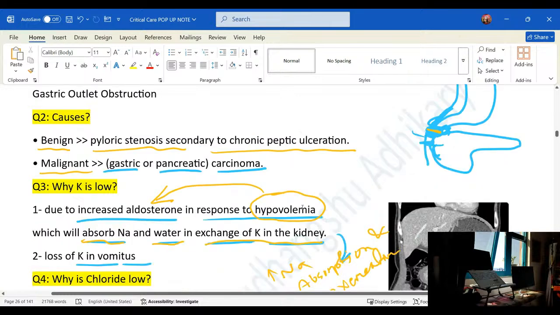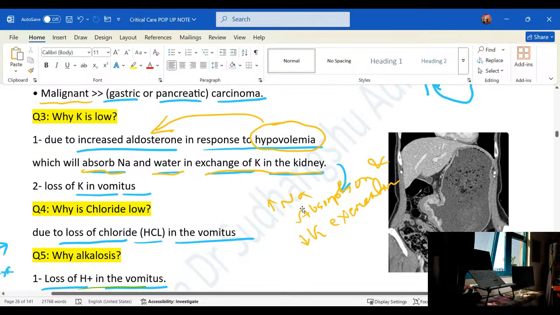Why is potassium low? Potassium is low because of increased aldosterone in response to hypovolemia. Aldosterone absorbs sodium and water in exchange for potassium in the kidney, and there is also a shift of potassium inside the cell.